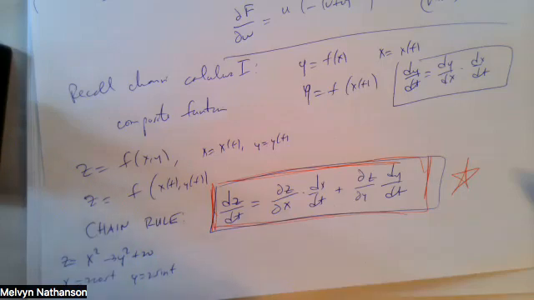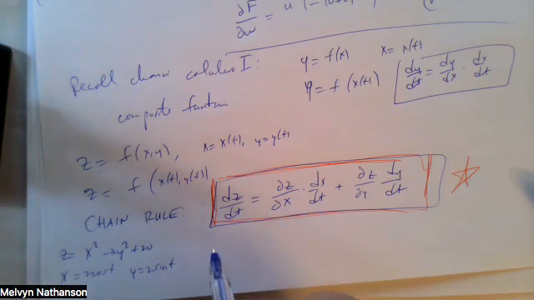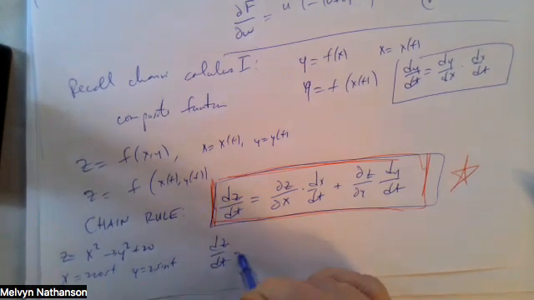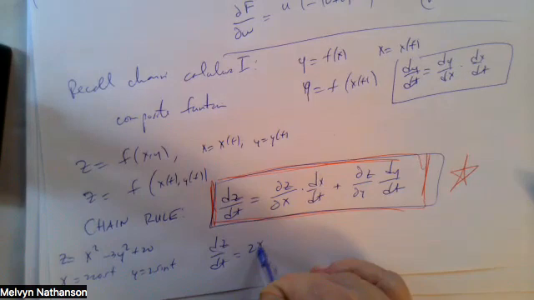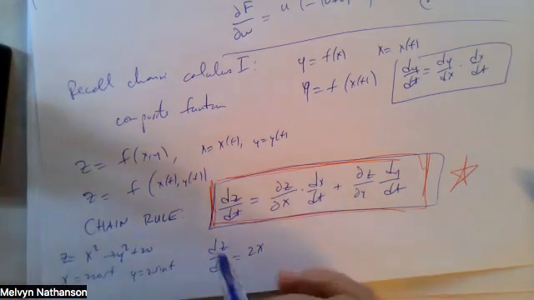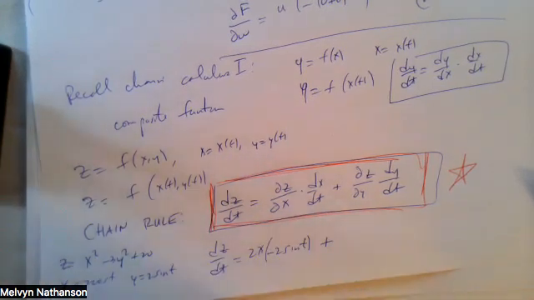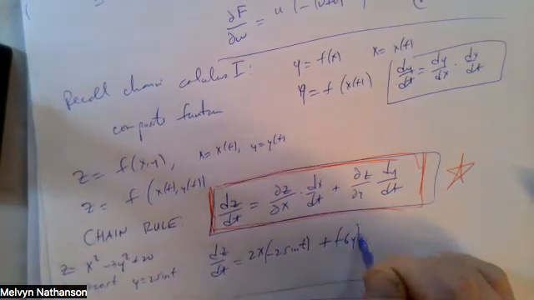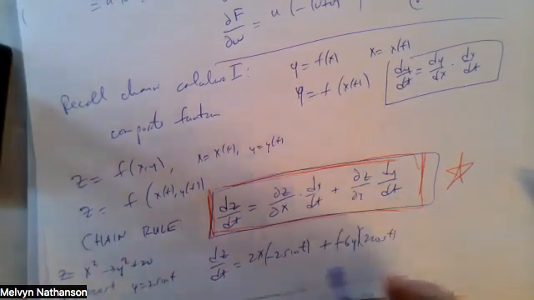So the composite function is a function of t, and to work out its derivative by the chain rule, dz/dt is the partial of z with respect to x. If you differentiate this with respect to x, you just get 2x, times dx/dt, which is minus 2 sine t, plus the partial of z with respect to y, which is minus 6y, times dy/dt, which is 2 cosine t.